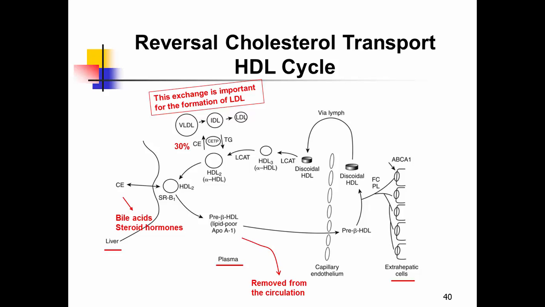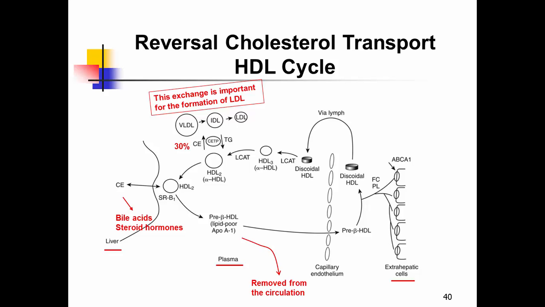Pre-beta HDL does not have much lipid. It is initially synthesized in the liver and transported to the peripheral tissue, and then picks up free cholesterol, FC, and phospholipids, PL.